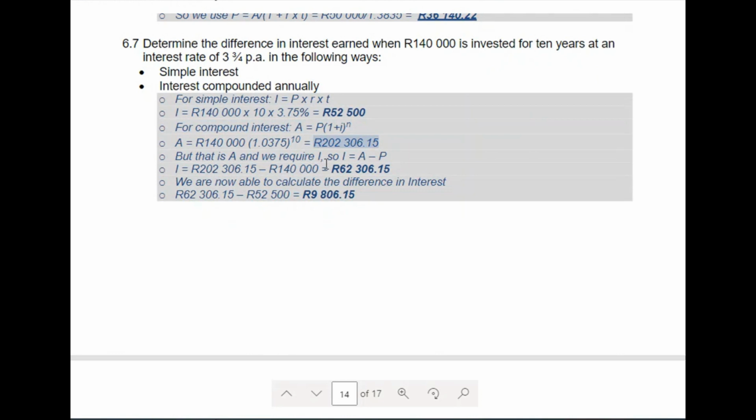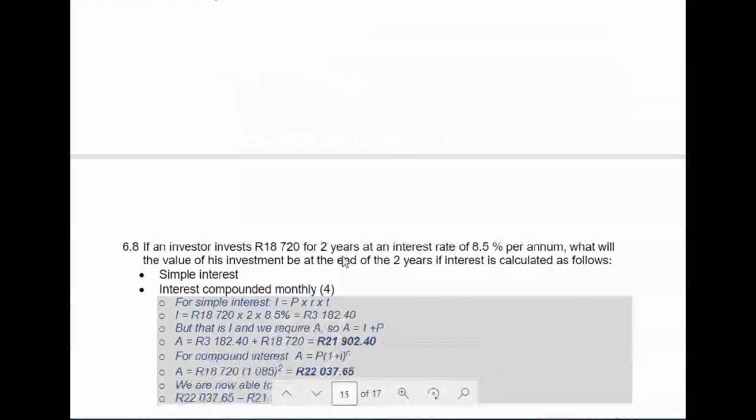But that is A and we require I, so we first calculate I equals A minus the principal. We get the interest value that will be applicable for compound interest, but because we are asked to calculate the difference, we subtract the one from the other and we come up with the difference, exactly as I showed you in the slide.